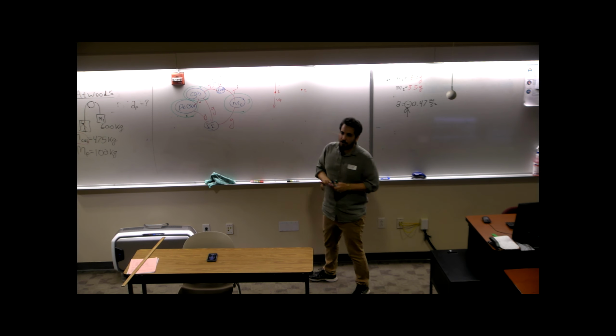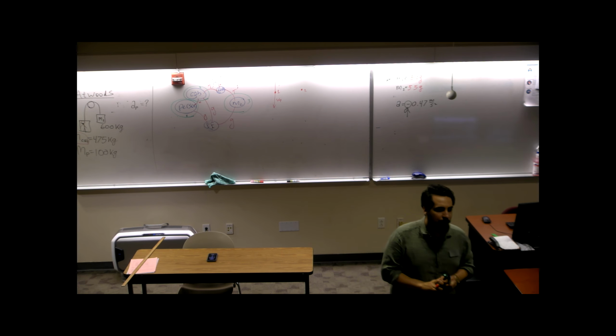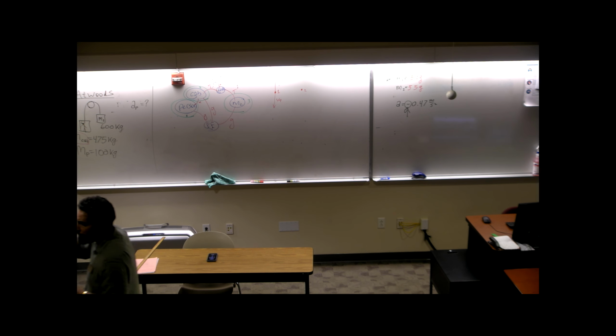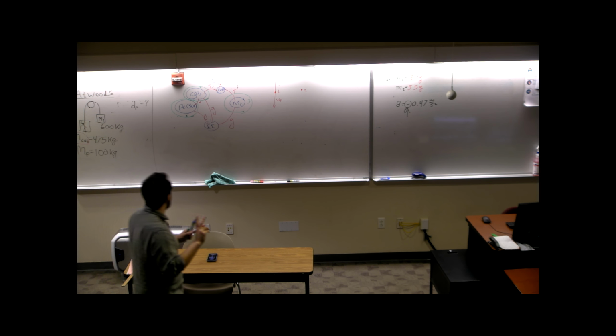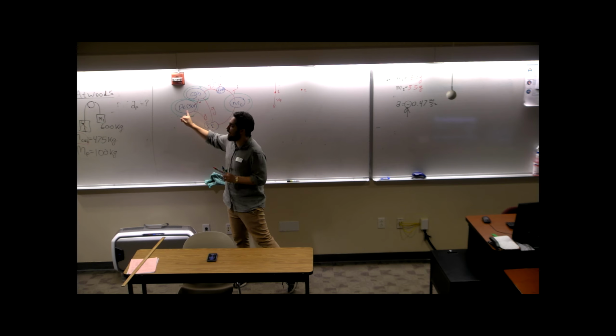Being the elevator cab, what interactions do we have acting on the elevator cab? We have the tension. That's one. What else? Weight of the person. Careful about the terminology here, right? Because the weight of a person is the interaction between the entire earth and the person.